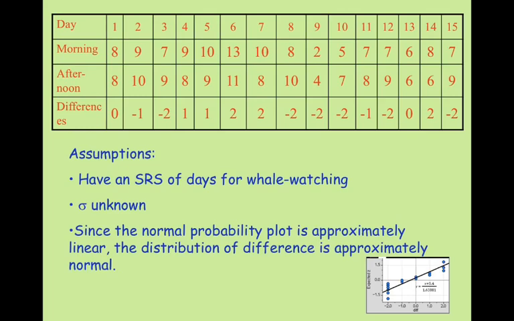Here is an example of the normal probability plot for each of the differences. My biggest difference is -2 up to 2, so -2, -1, 0, 1, and 2. That is shown here in my normal probability plot. Now you'll notice on the normal probability plot we have a vertical stacking of numbers.